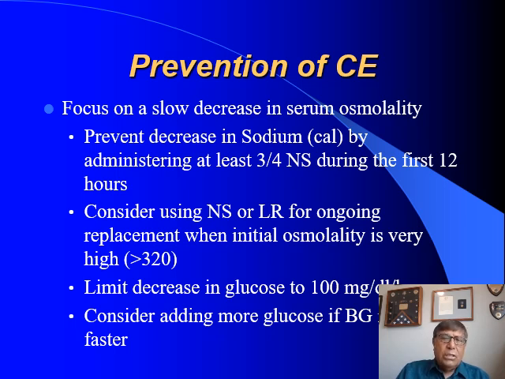If the patient has a problem with sodium dropping fast and osmolarity dropping fast, stay with normal saline or Ringer's lactate. And make sure that your sugar is not dropping too fast, ideally not less than 100 milligram per dl. And if that is happening, add more glucose in the IV fluid.